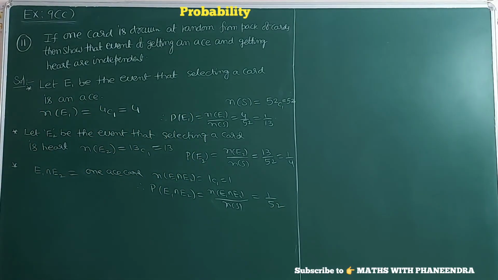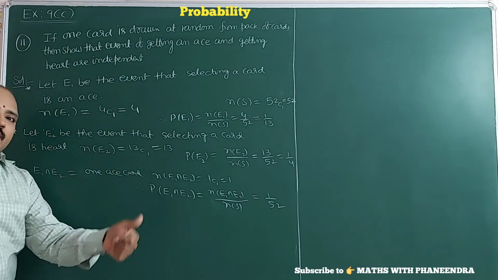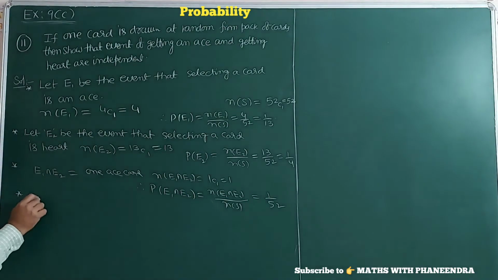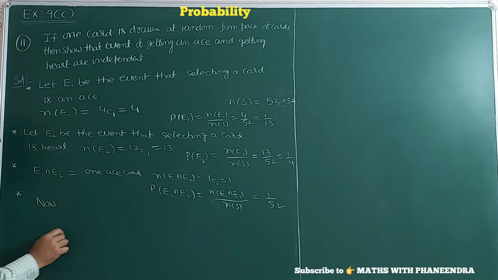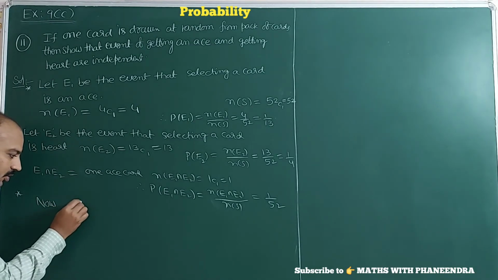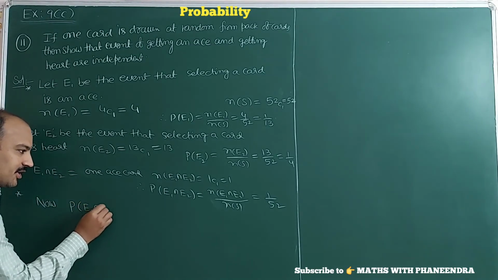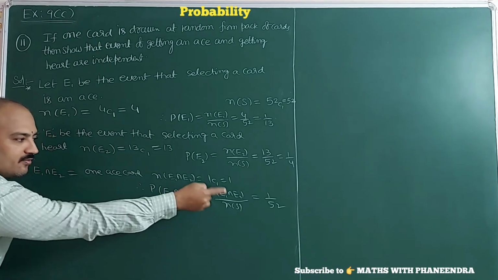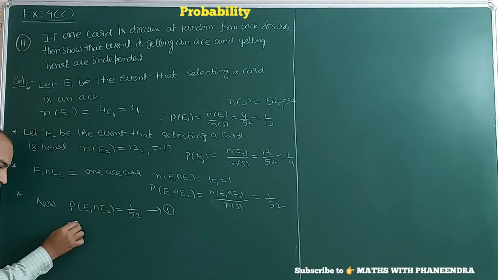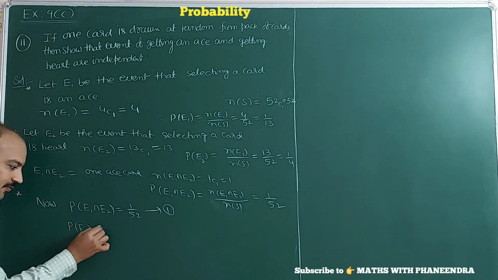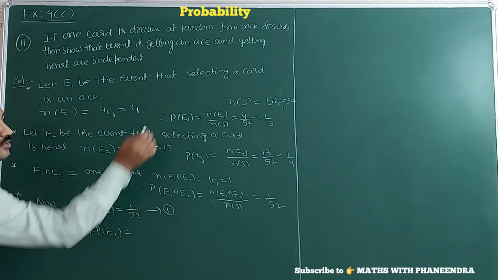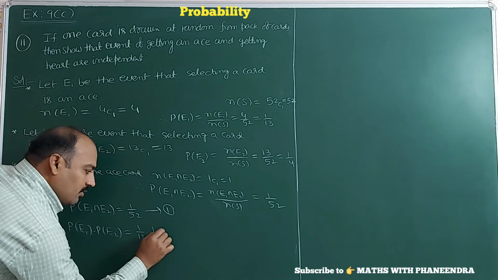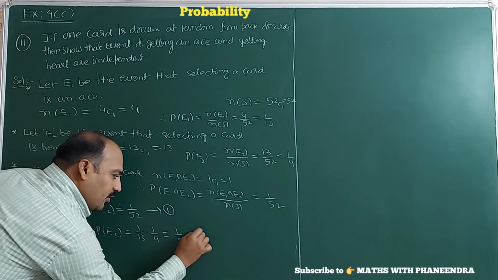Now we have to prove that P of E1 intersection E2 is equal to P of E1 into P of E2. P of E1 intersection E2 is equal to 1 by 52. Keep that as equation number 1. Now I am calculating P of E1 into P of E2. These values are 1 by 13 into 1 by 4, which is also equal to 1 by 52.